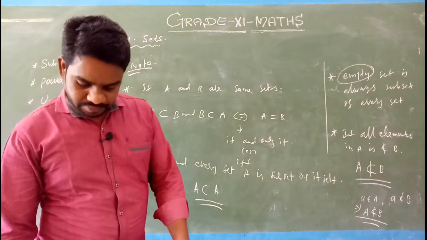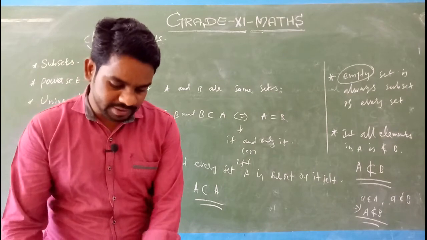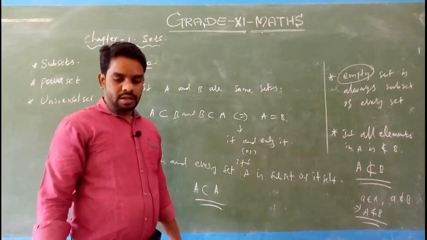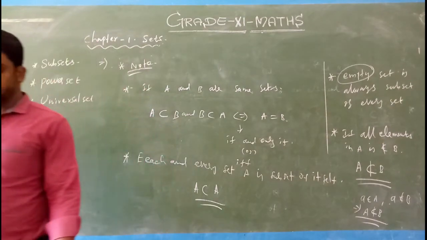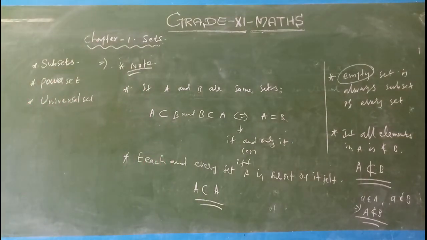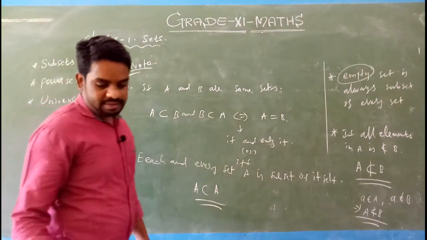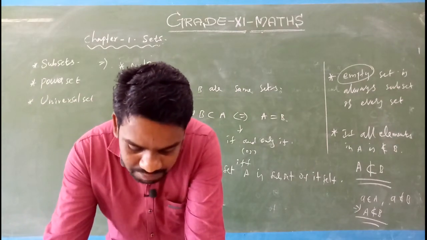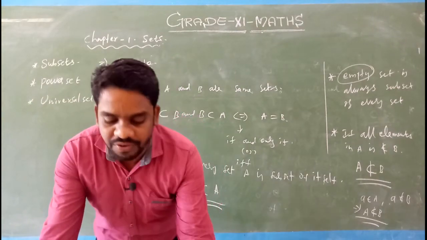Okay, next, examples. Page number 10. Some examples. Four examples. First example: the set of all rational numbers is a subset of the set of all real numbers.